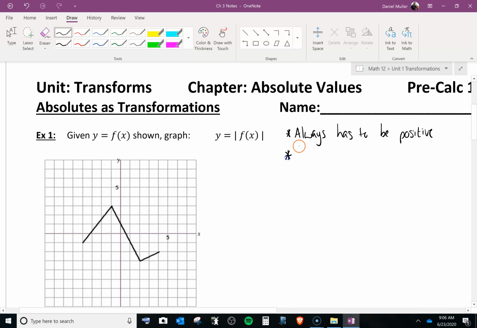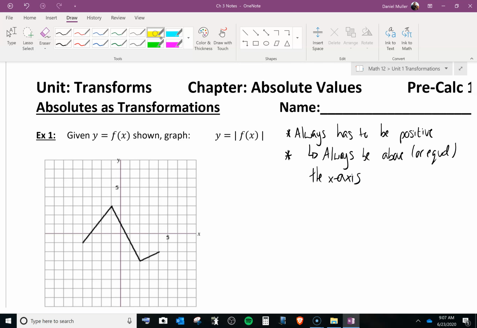And what will it actually look like? It will always be above, I guess, or equal to the x-axis.